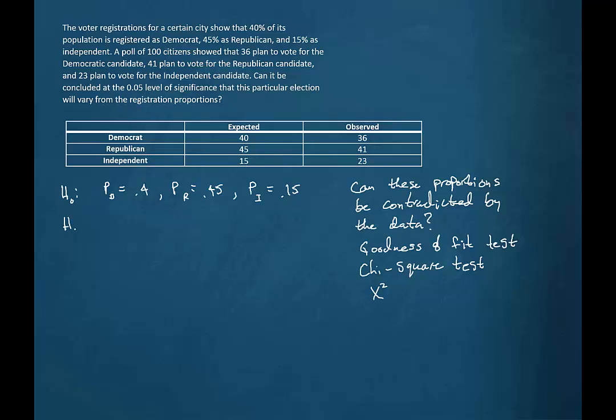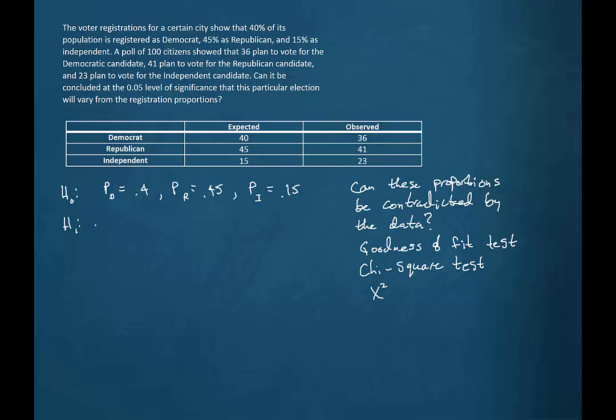Now our alternative hypothesis, and if we think about this for a second, if any one of these changed, then at least one of the others would have to change in order for the sum to still be 100%.